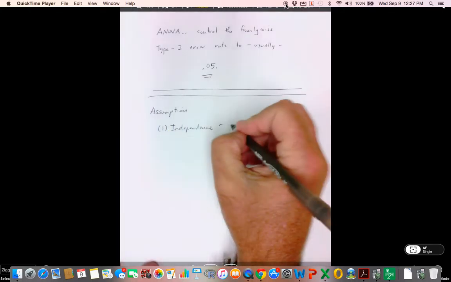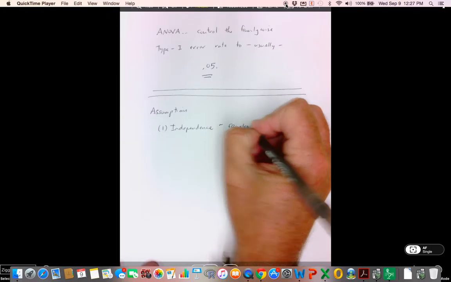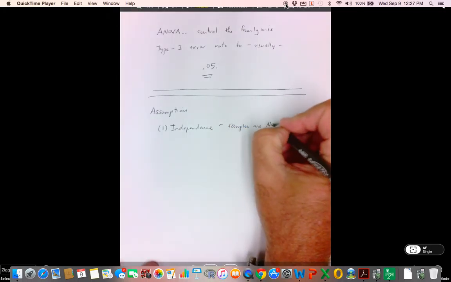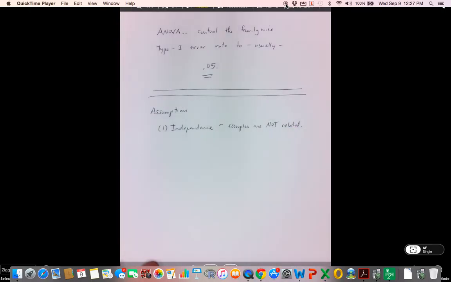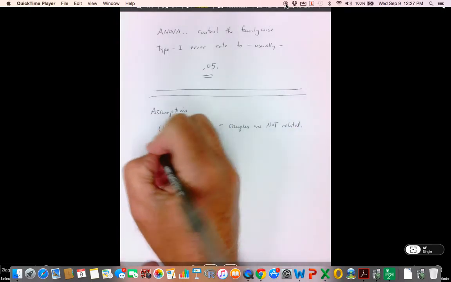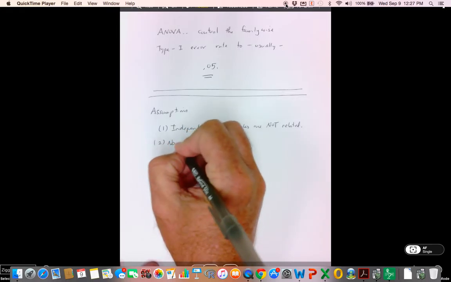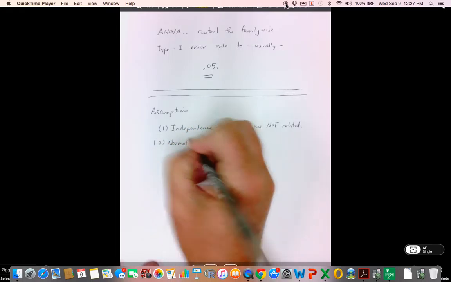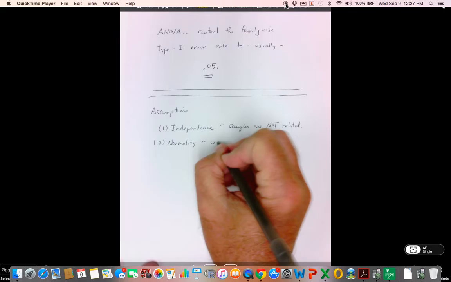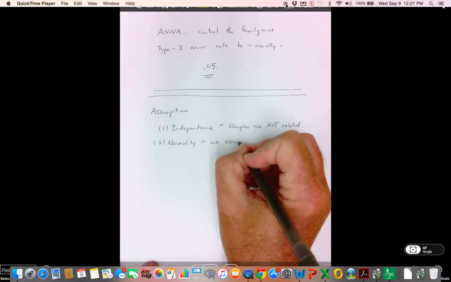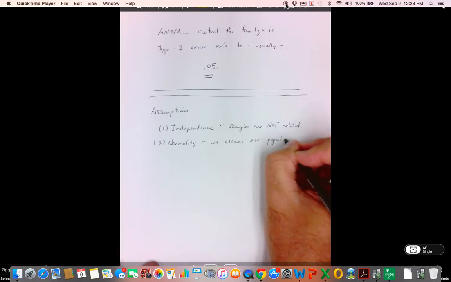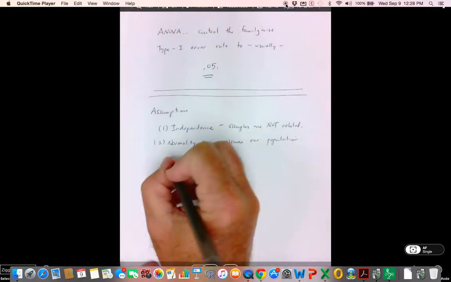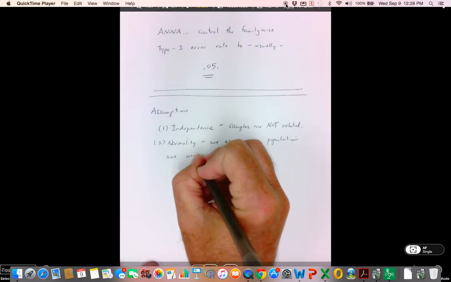This just tells us our samples are not related. The second assumption we have is normality. We assume our populations are normally distributed.